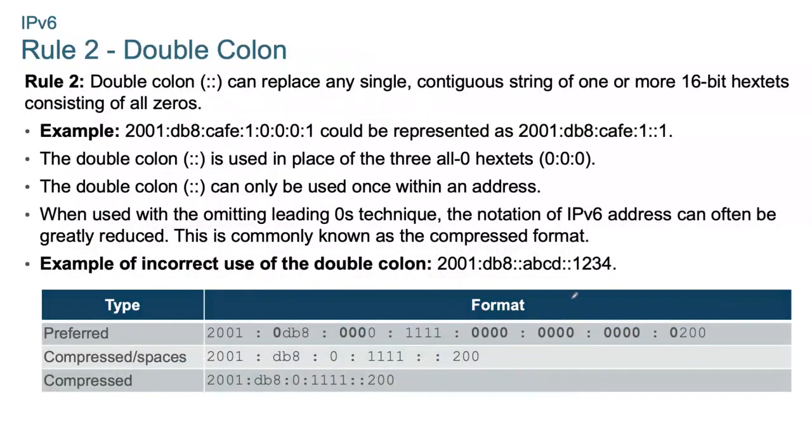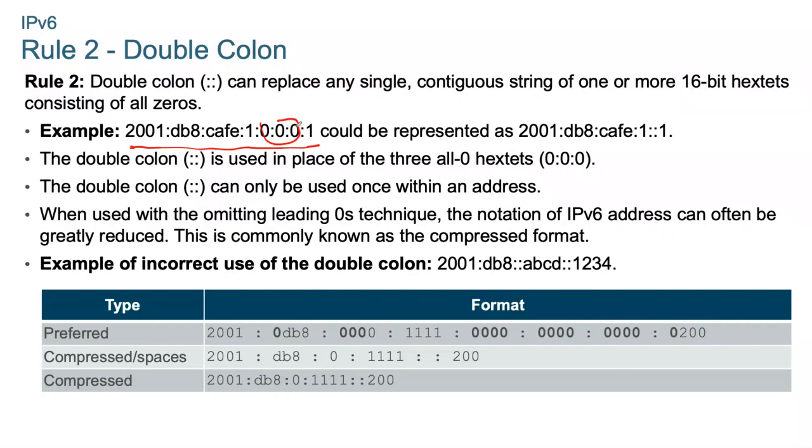In rule 2, it uses the double colon. A double colon can replace any single or continuous string of one or more 16-bit hextets of zeros. So the IPv6 format can also be represented by using the double colon where the zero bits are.